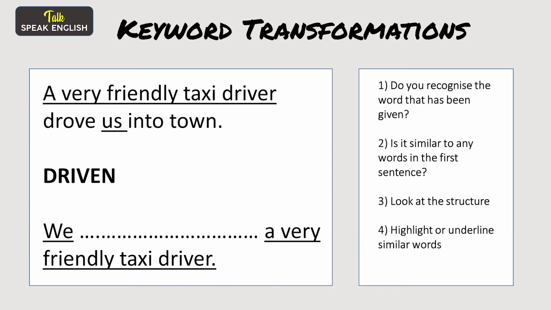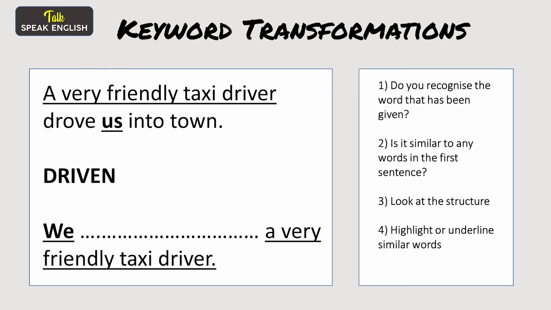Let's underline or highlight the familiar words that we have, which are, in this case, a very friendly taxi driver, and us and we. Let's go through this step by step and take this active sentence and make it passive. So step 1, move the receiver of the action from the direct object position of the sentence to the subject position of the sentence.